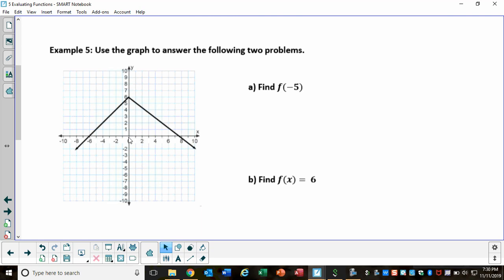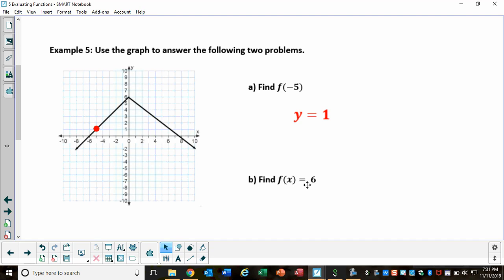So we go to when x is negative 5, which is right here, and we go to where the graph is. At that point, y is 1. So y equals 1, or f of negative 5 equals 1. You could write it that way.